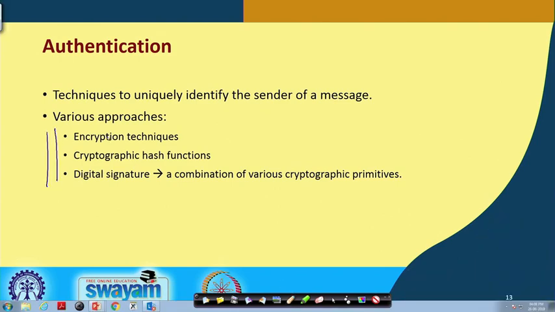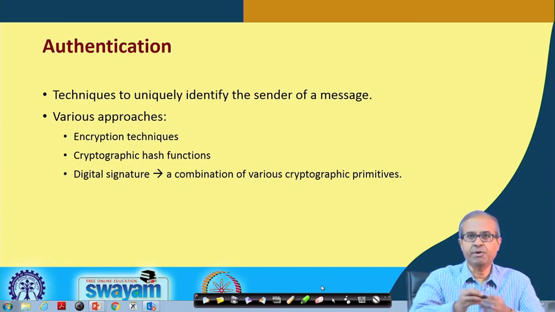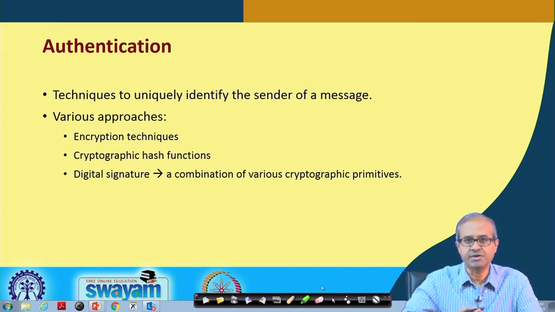You can use encryption techniques also for authentication. You can use something called cryptographic hash functions, which I will be talking about, or you may already be aware of the term digital signature. Using digital signatures you can also have some kind of authentication. We shall be talking about some of these techniques during the course of this lecture.